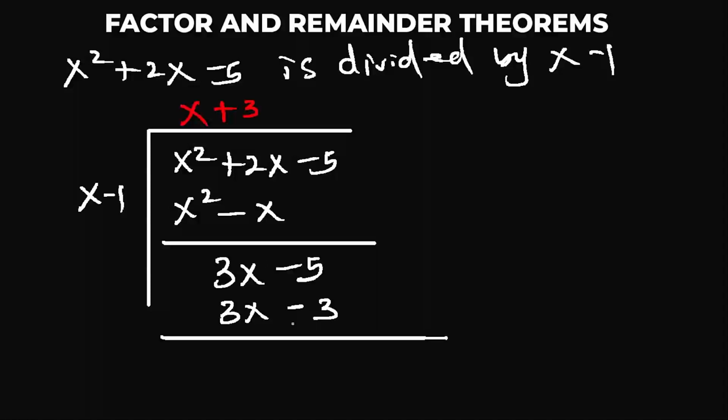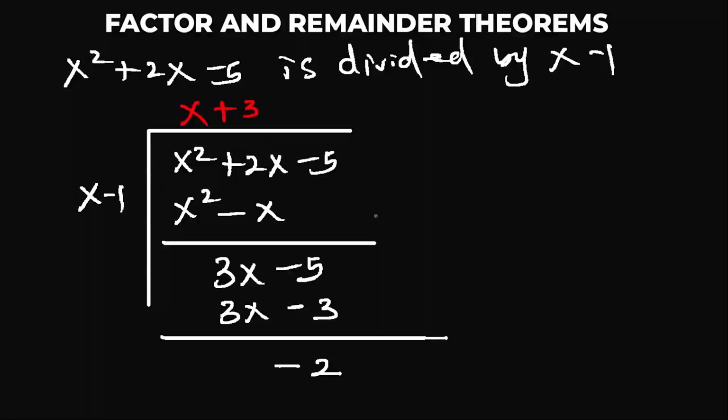Minus times minus, that's plus. Minus 5 plus 3 will give us minus 2. So this minus 2 is the remainder when x minus 1 divides x squared plus 2x minus 5.